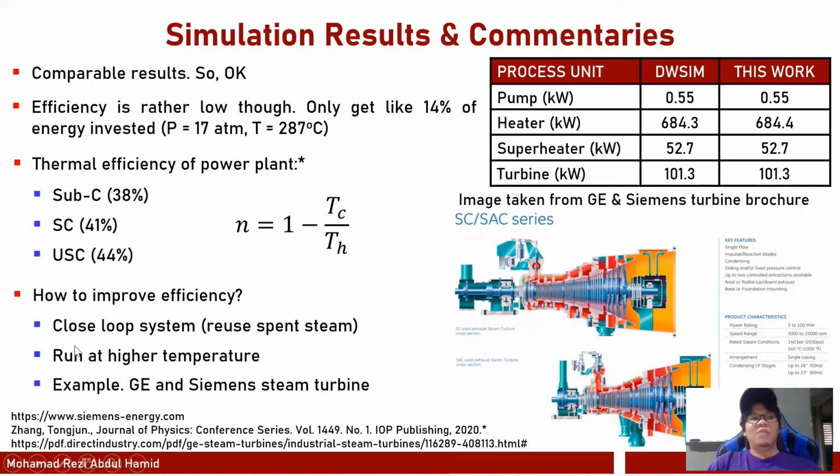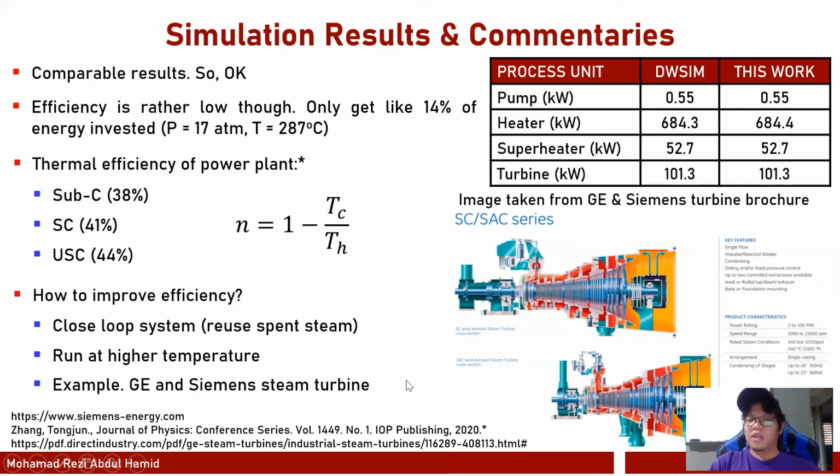This is one. Number two, obviously you need to use a closed loop system, because it's better for you to reuse the spent steam instead of throwing it away. So it's a no brainer if you use an open loop steam turbine system. So that's number two, use a closed loop system. And the second one is they run at high temperatures.